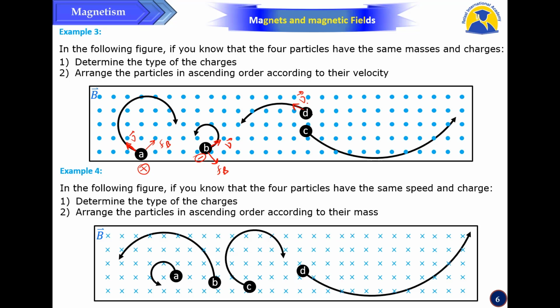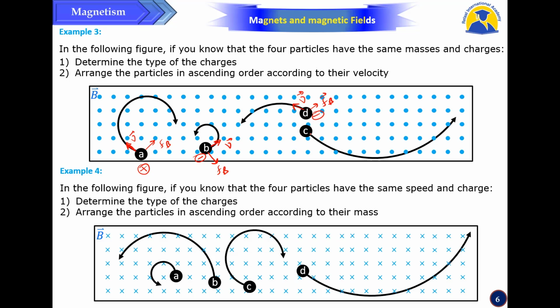For D, the direction of velocity is in this direction. The direction of magnetic field is to the positive Z, so the direction of force will be in this direction. The object is moving counterclockwise, while the force is on the other side. So this particle carries negative charge.